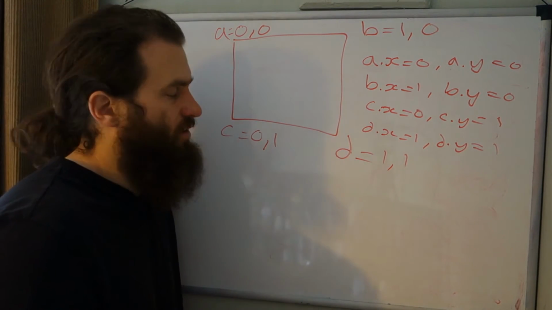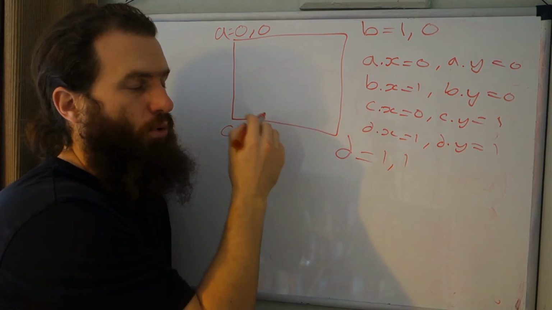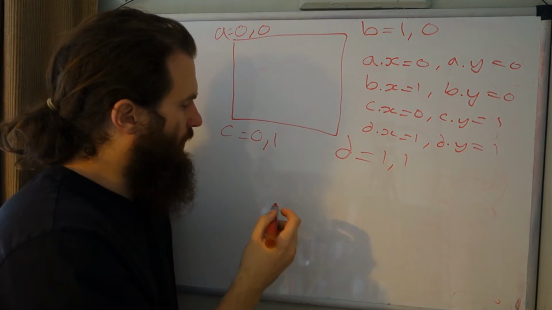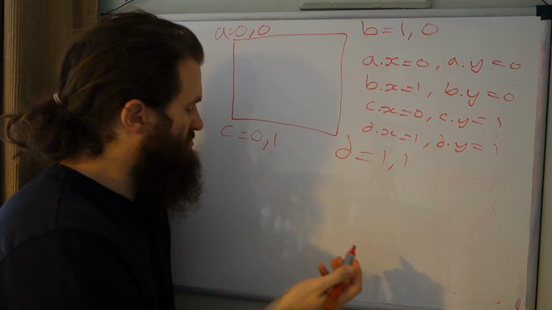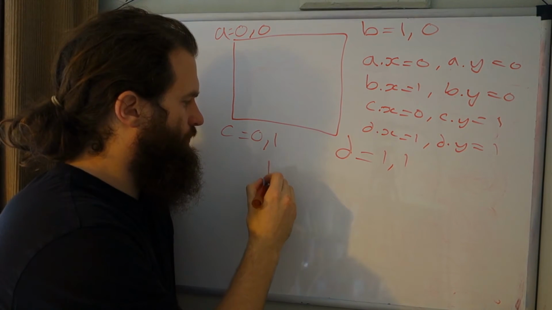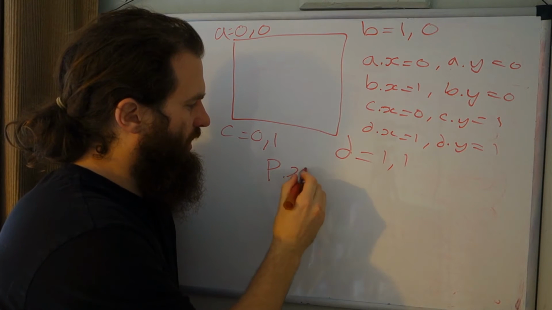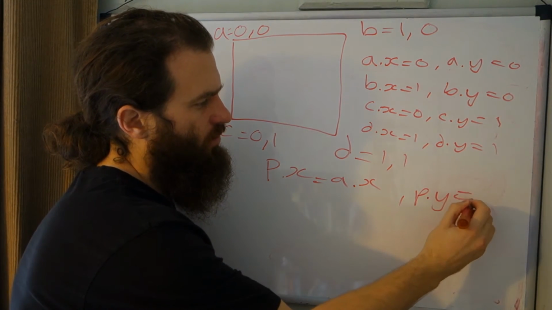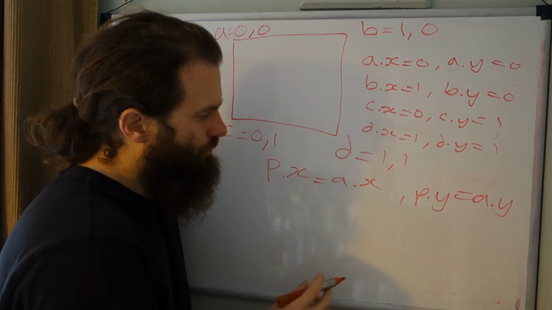And now we also need something to represent our current point, the point that moves around and plots things on the square. We'll just call that p. So p.x equals a.x to begin with, p.y equals a.y.